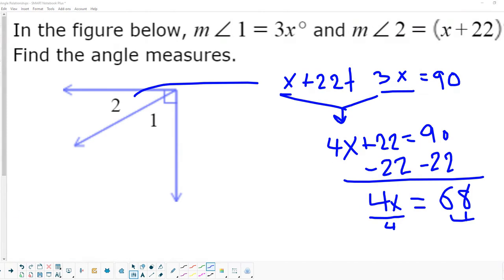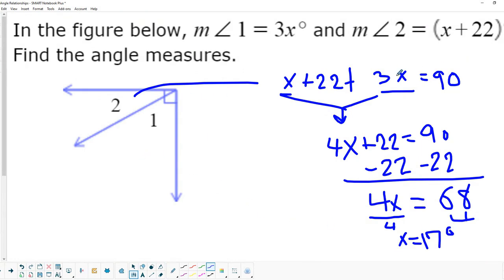So I'm going to get my calculator. 68 divided by 4. So x equals 17 degrees.